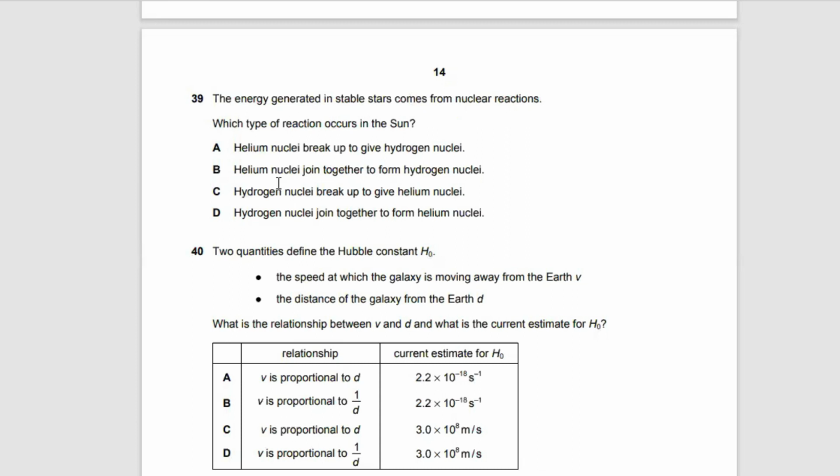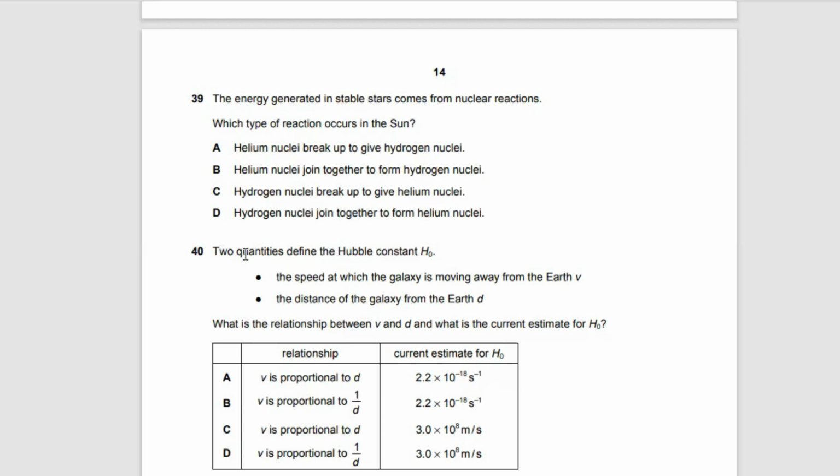So in this case, hydrogen is being fused together to form helium nuclei. So when you combine, let's say, two hydrogen, you get a helium. So it is D. But it is not normal hydrogen, it is deuterium or tritium. There are only two isotopes of hydrogen which have neutrons in them. So we can't fuse normal hydrogen to get helium. We'll have to use an isotope of hydrogen.